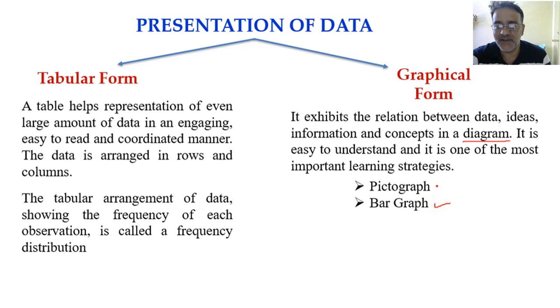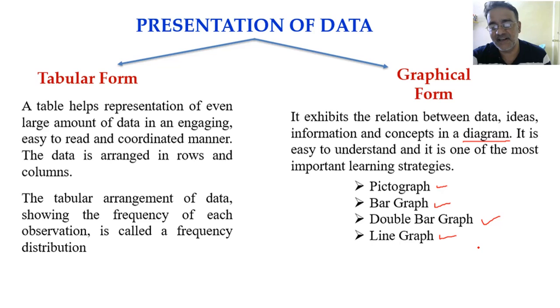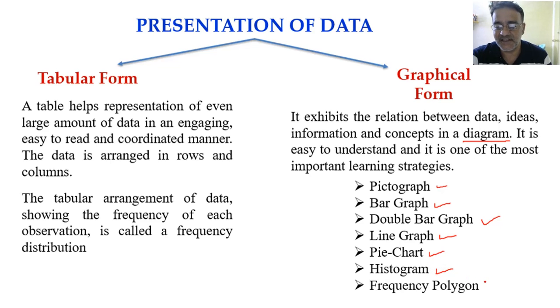In 7th class you studied double bar graph also. In 8th class you studied line graph, pie chart, and histogram also. This year also we are going to study histogram and frequency polygon. So these are the different types of graphical forms which you have already studied and which we are going to study. Any doubt in this one?